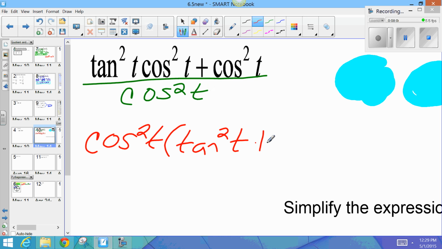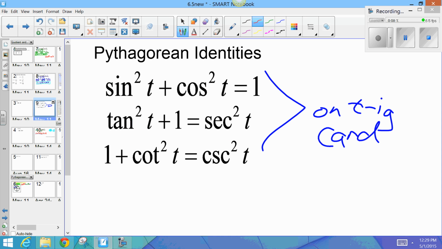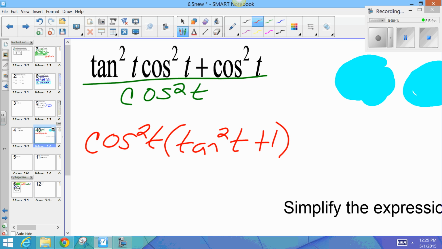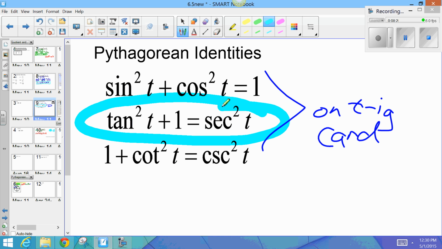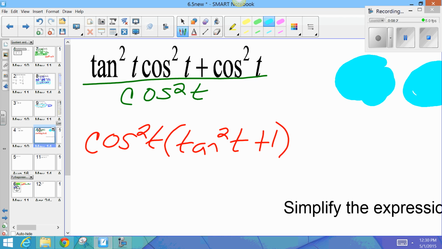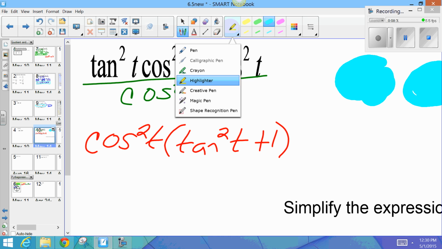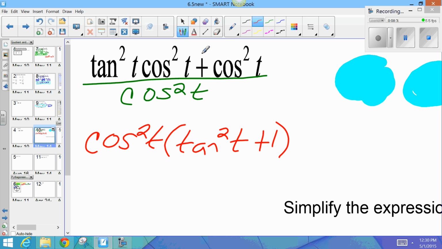In the second term, cosine squared of t divided by cosine squared of t is 1. Okay? All right, so now let's take a look in my Pythagorean identities. Do I have anything that has tangent squared of t plus 1? I do. Yes, I do. So here, tangent squared of t plus 1 equals secant squared of t. Let's put that in. So instead of tangent squared of t plus 1, I am going to write secant squared of t.